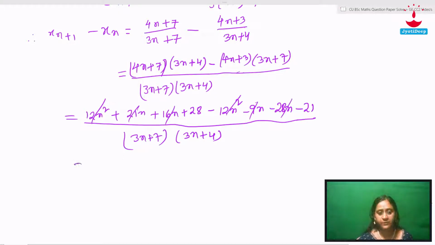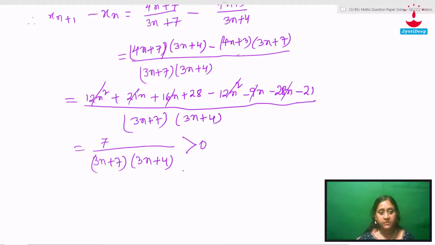Okay, so we will get 28 minus 21, that is 7, divided by (3n plus 7) into (3n plus 4). This is greater than 0, right? So what we get? Xn plus 1 is greater than xn.